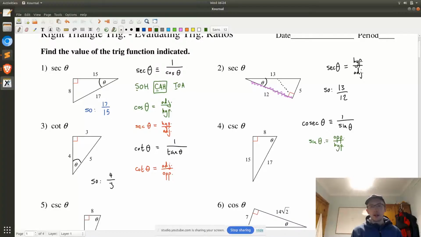Therefore, cosecant of theta must be the length of the hypotenuse divided by the length of the opposite. So applied to this case, it must be 17 over 15, as 15 is opposite theta.